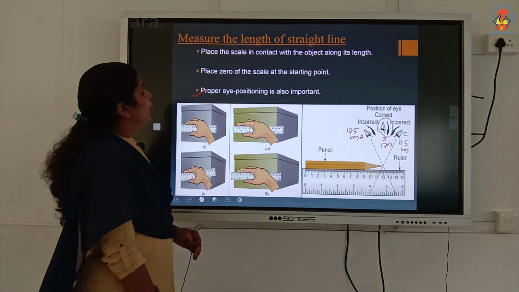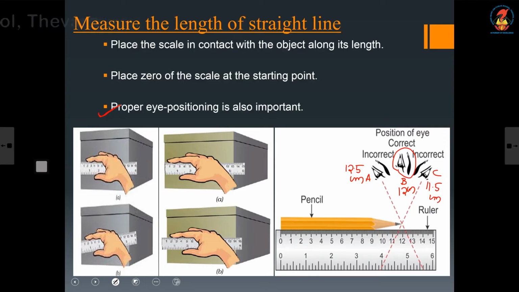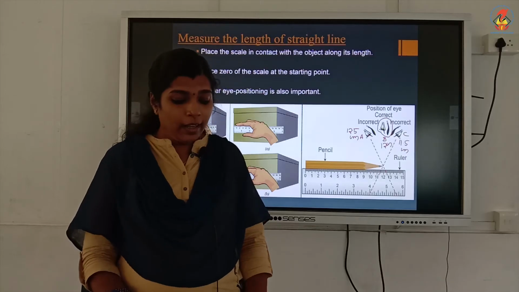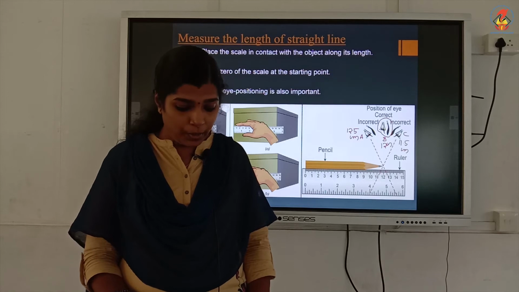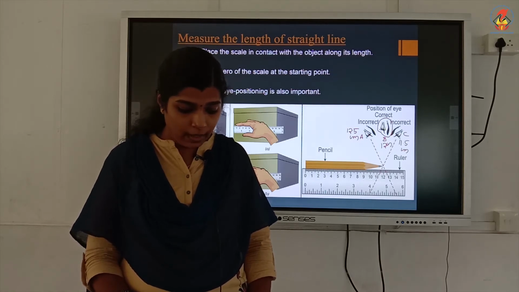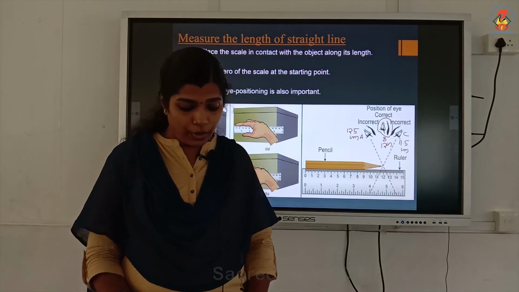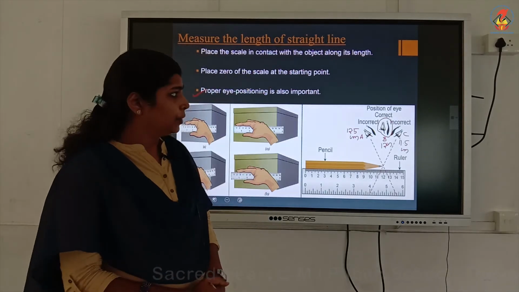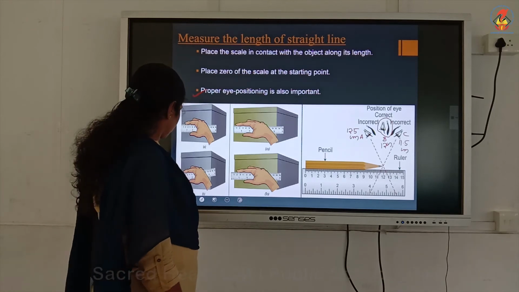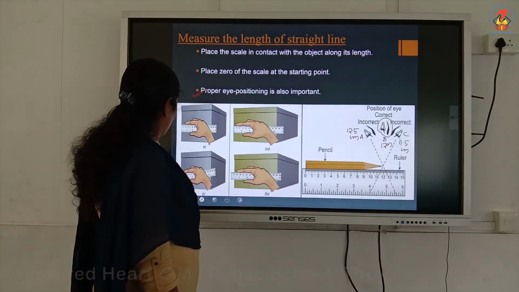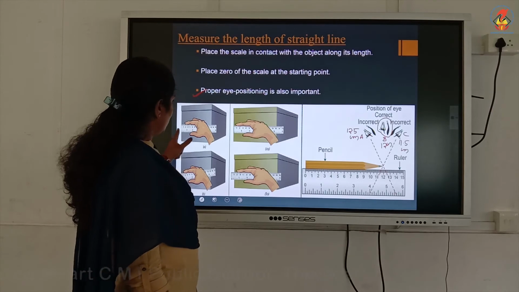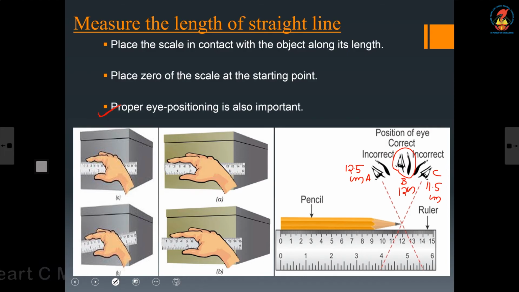Now, keep the scale in contact with the object along its length. Keep the scale exactly along the length to be measured. The ruler is not exactly along the pencil. The measured length of the pencil is not correct. So, if you place this here, you need to measure the length of the box.